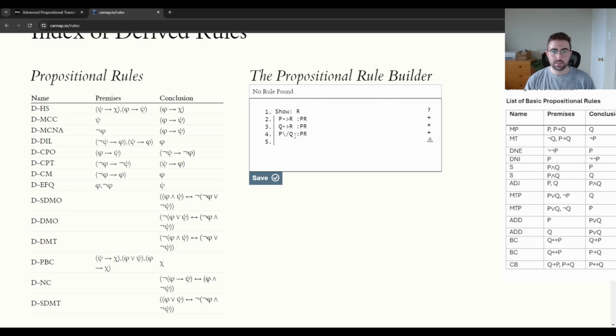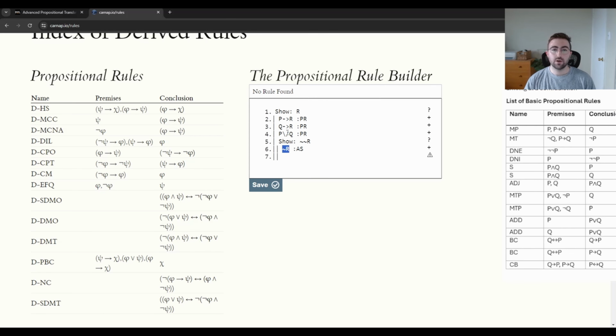So let's, to get at R, let's assume not R, right? Or let's show that we can get not R by assuming R and getting a contradiction. Because if we have not R, we can get R by double negation elimination. Okay.